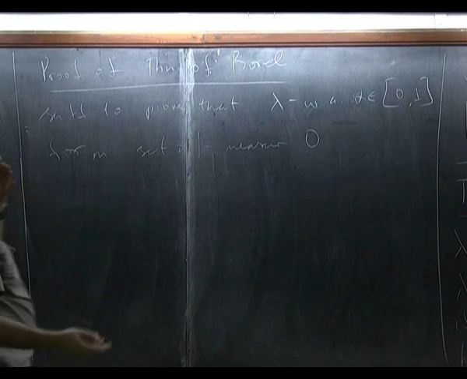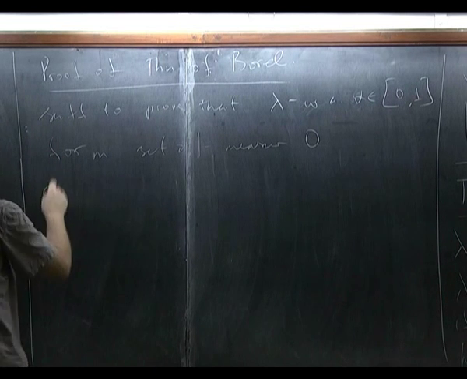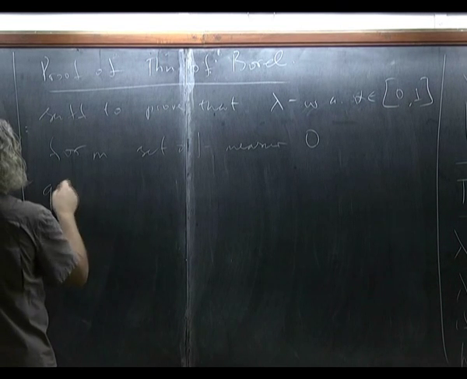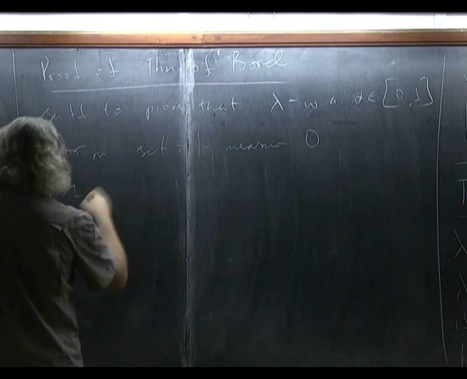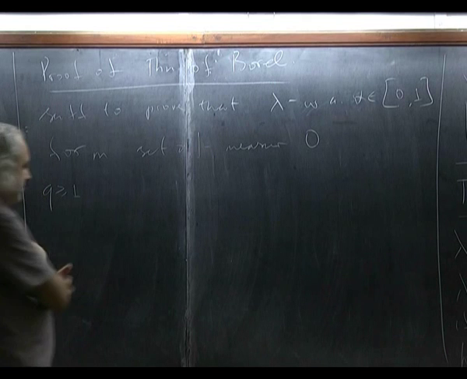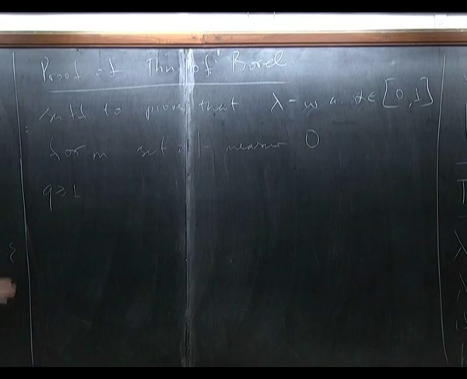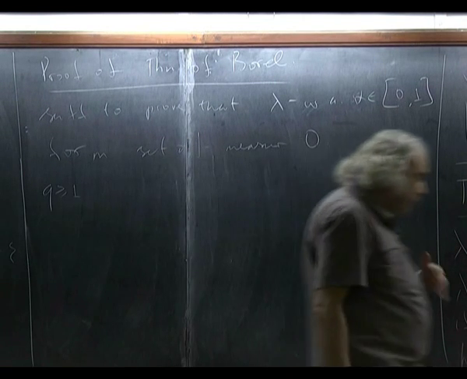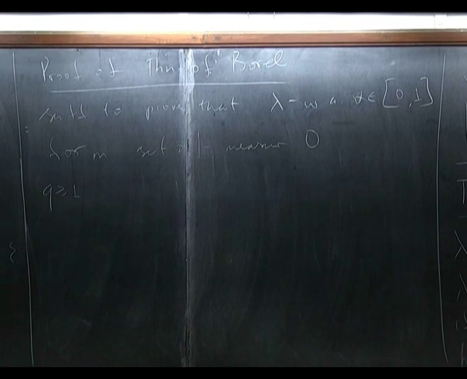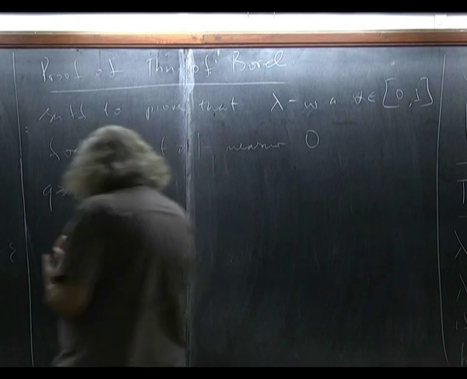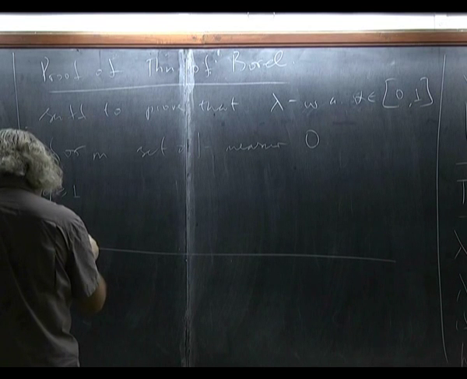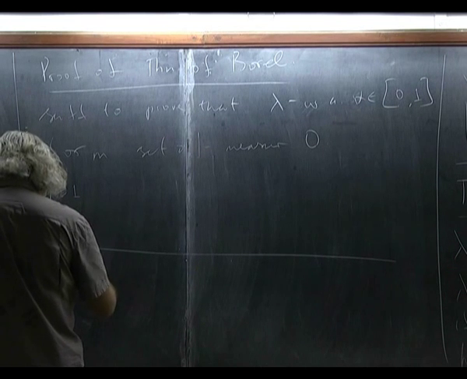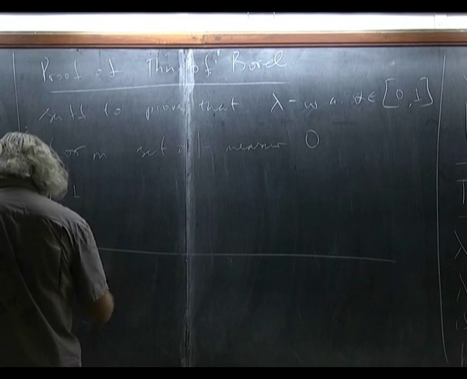So now, for every Q, let Q be a natural number, and consider those numbers in this interval which are well approximated by fractions with denominator Q. These are what? We have the following. So 0, and here until 1 over Q lambda.